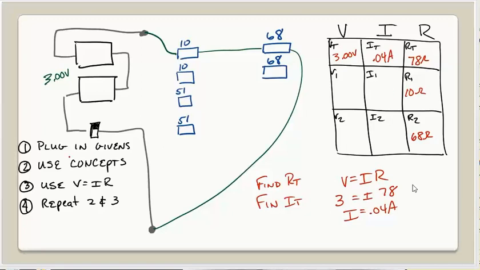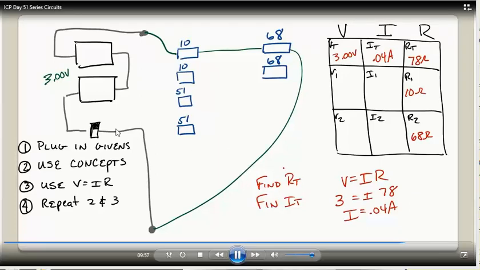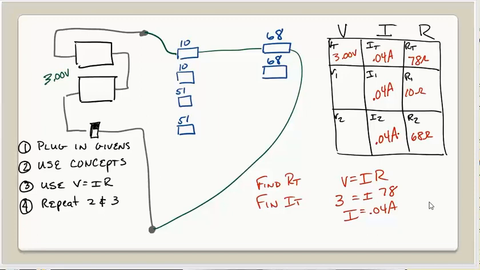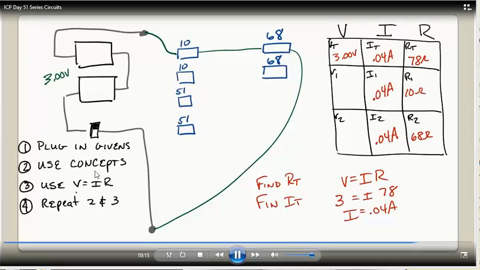Now, in a series circuit, we learned that all of this is getting the same amount of current. There's only one path, so there's no way for it to split. So I1 and I2 have to be getting that same amount of current. That's our concept: in a series circuit, they get the same current.